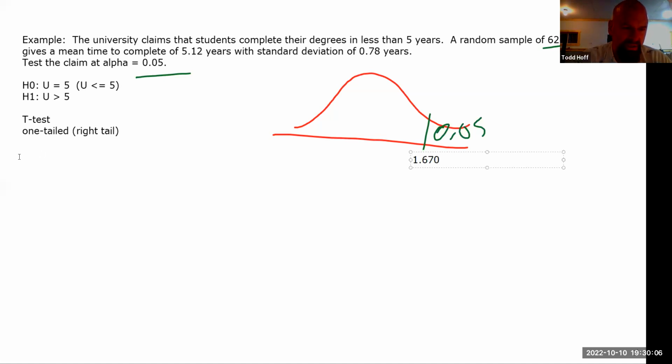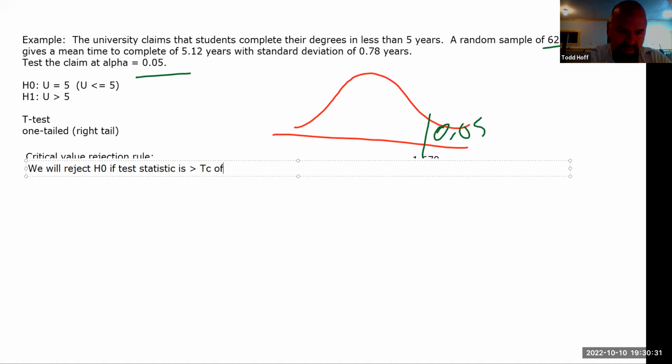So that means our critical value rejection rule would be, oh, come on. There you go. We reject the null hypothesis if the test statistic is greater than t critical of 1.670.